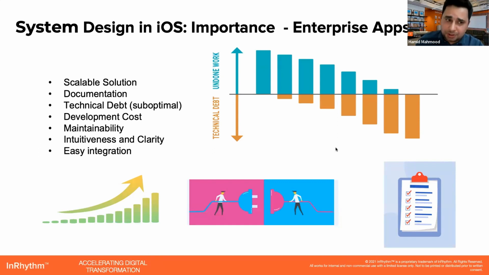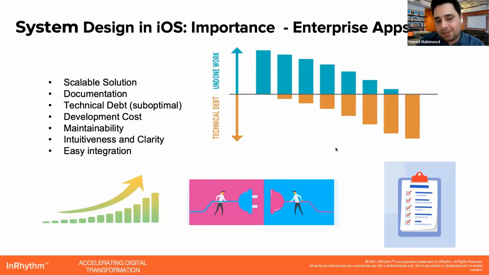Maintainability. If your software is scalable and well documented, definitely it's more maintainable. Clean code, better system architecture, good design patterns and architectural patterns: eventually your software is more maintainable, versus when you just build something with a short-term approach and a suboptimal solution.